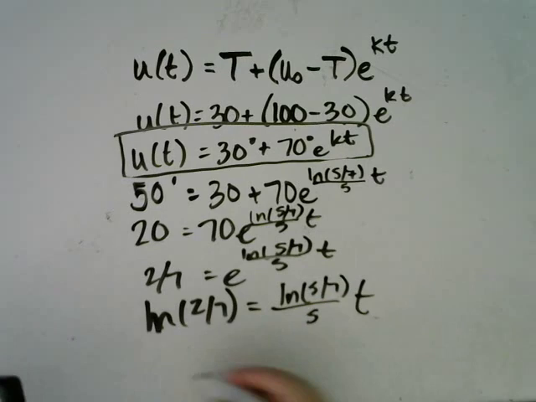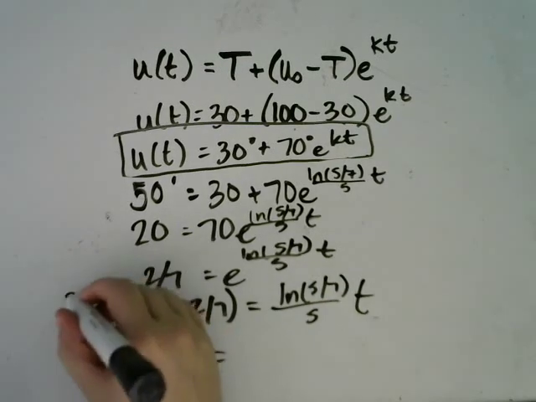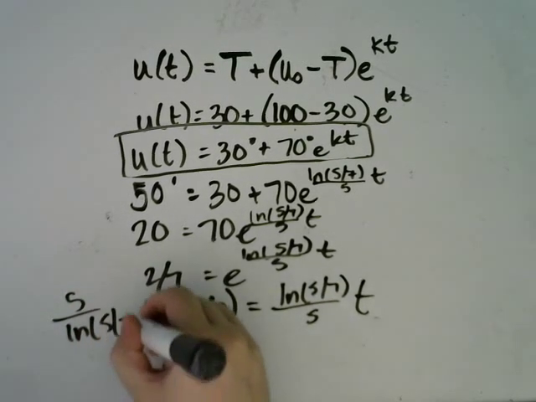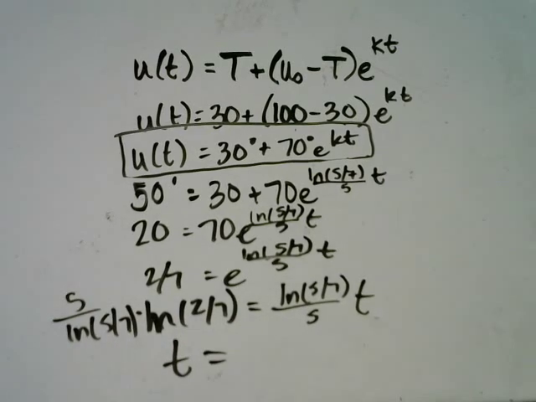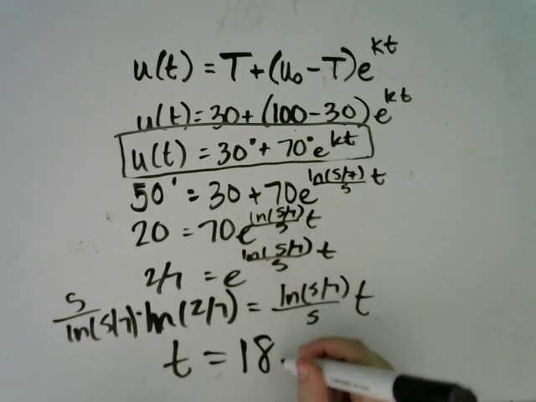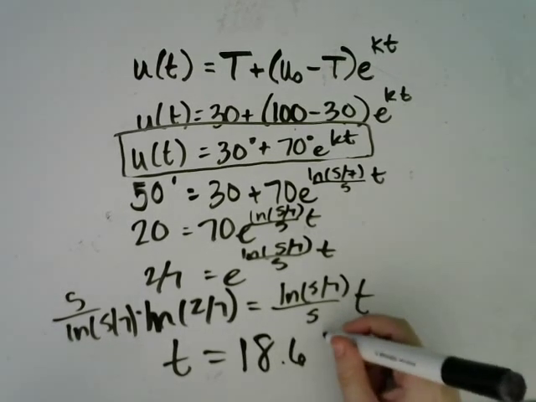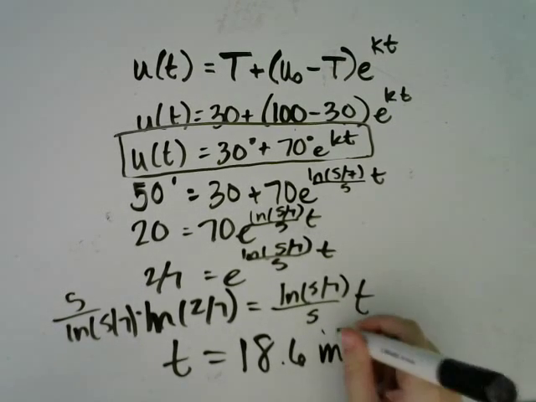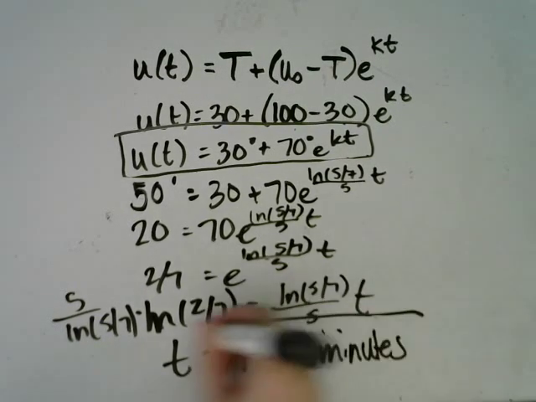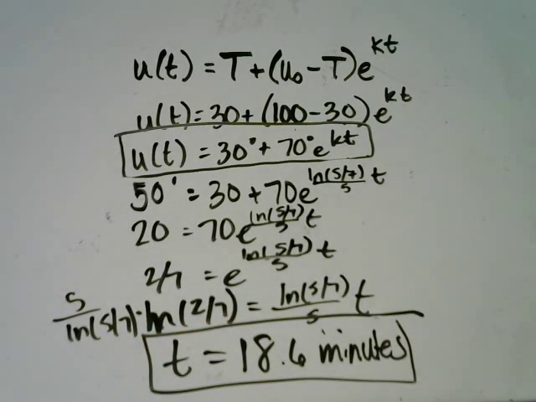And multiply by the reciprocal. And we find it takes about 18.6 minutes for the object to reach 50 degrees.